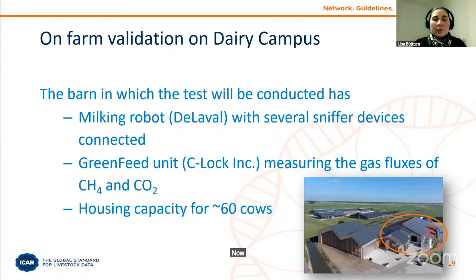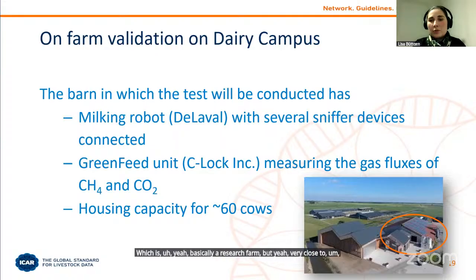Now I would like to describe the on-farm validation on Dairy Campus, which is basically a research farm, but very close to usual production environment here in the Netherlands.